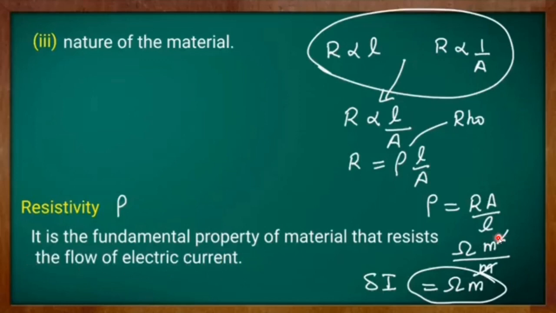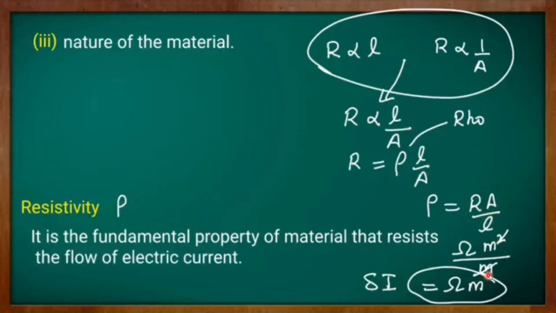Now we'll come back to the mathematical relation, that is rho is equal to RA divided by L, where R is the resistance. So what is the SI unit of resistance, children? Ohm, isn't it? What will be the SI unit of area? Yes, area, since it is meter square, I'm going to write it as meter square. What will be the SI unit of length?